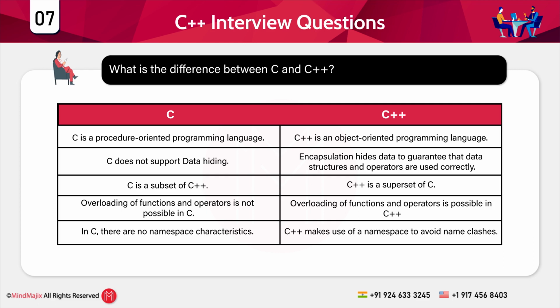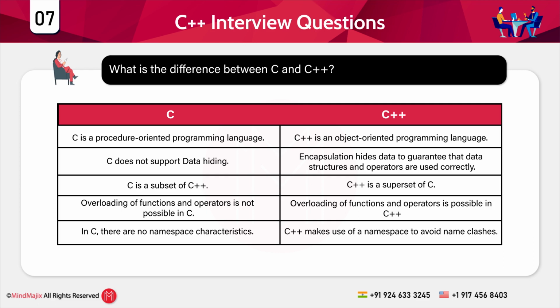Next, C is a subset of C++, whereas C++ is a superset of C. So it simply means all of the concepts of C are available in C++, but all of the concepts of C++ are not present in C. The next point is overloading of functions and operators is not possible in C, whereas in C++ you can overload functions as well as operators.